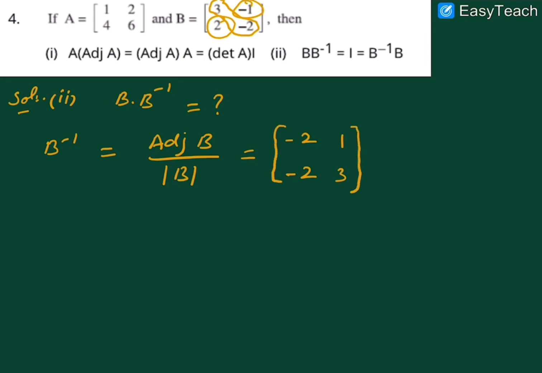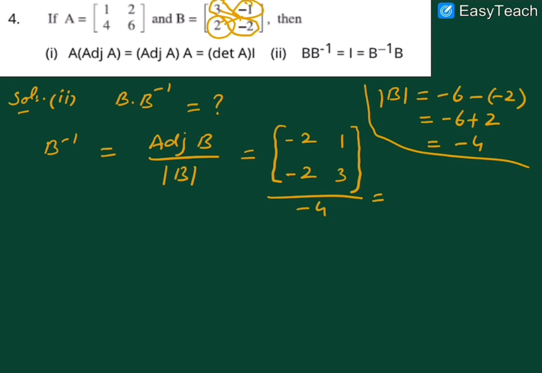What is B determinant? You can find it separately here. 3 times -2 is -6, minus 2 times -1 is -2, so -6 plus 2 is -4. You can divide by -4 here, and write this as -1/4 times [-2, 1; -2, 3]. This is our B inverse.